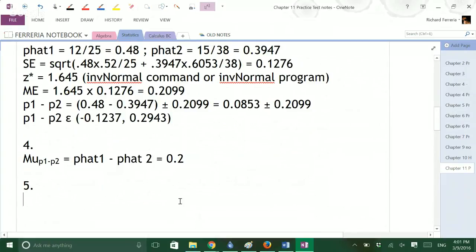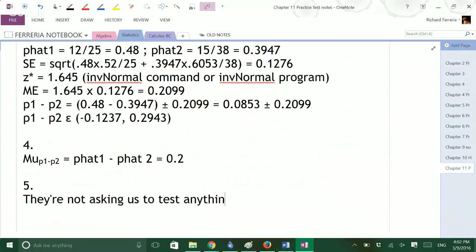The sampling distribution for a difference of sample proportions has what mean? Okay, so are we talking about a confidence interval here, or are we talking about a test? Well, they're not asking us to test anything, are they? Remember, we're dealing with proportions.